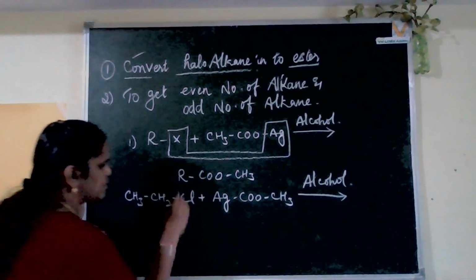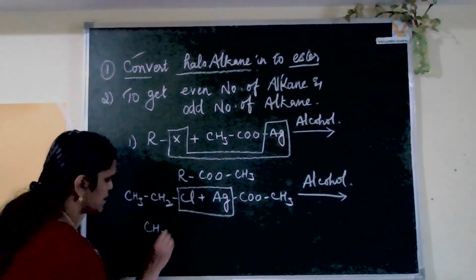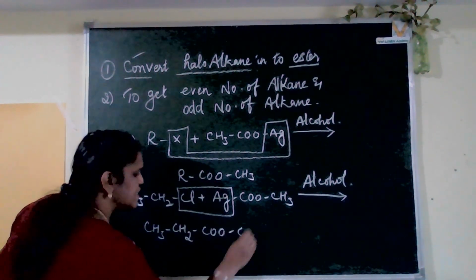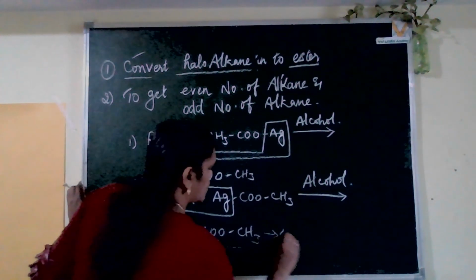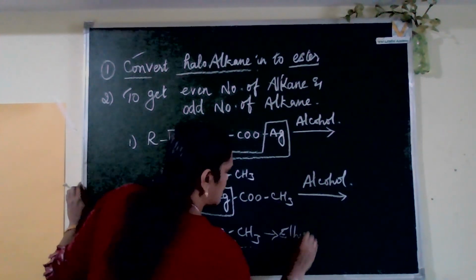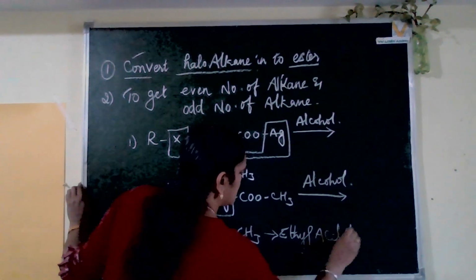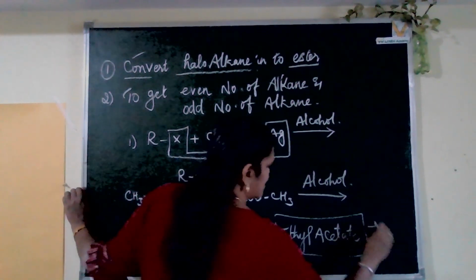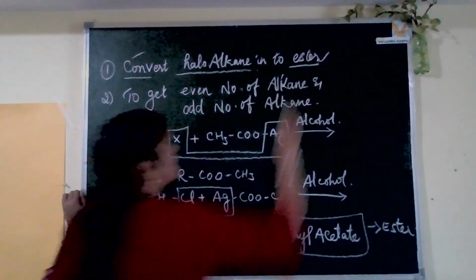So what is the product you are going to receive? CH3CH2COOCH3... ethyl acetate. What do we call it? Ethyl acetate is nothing but an ester. Yes, you got that answer, ester.